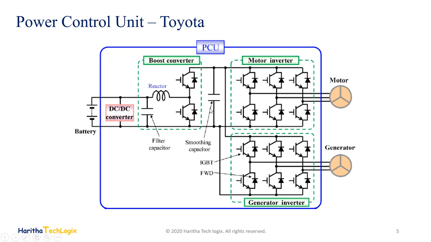For example, let's consider we have a battery pack with a voltage of 200 volts DC. And imagine that for achieving the acceleration target of 0 to 60 miles per hour in 3 seconds, we need a propulsion voltage of close to 400 volts for the electric motor.